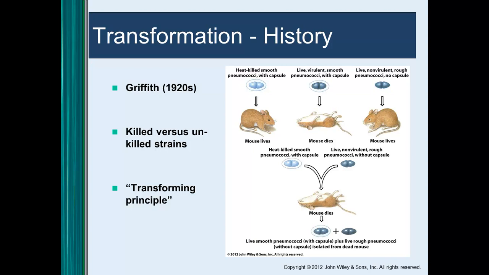And again, neither of these were lethal by themselves, as you can see in the top left and right part of your diagram, but when combined, they caused the mice to die. What makes this even more interesting is that after death, the live smooth type organisms, as well as the R types, were recovered from the dead animals.